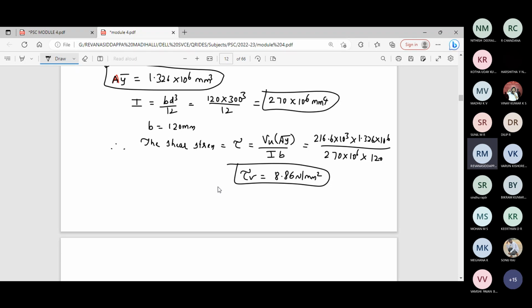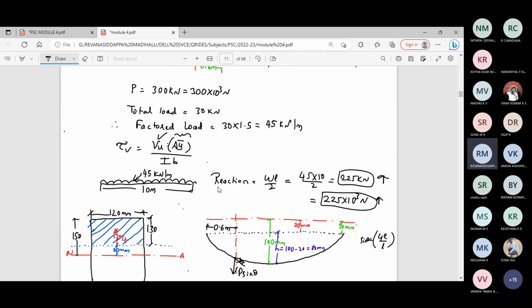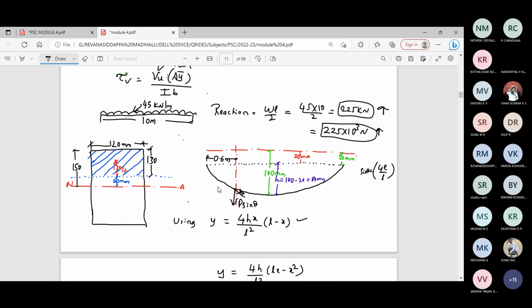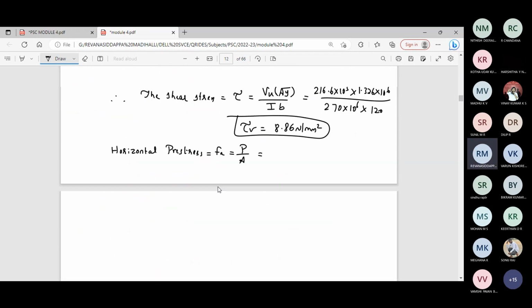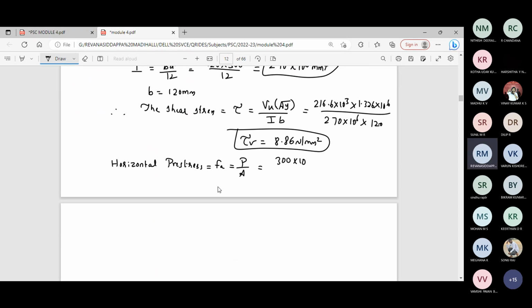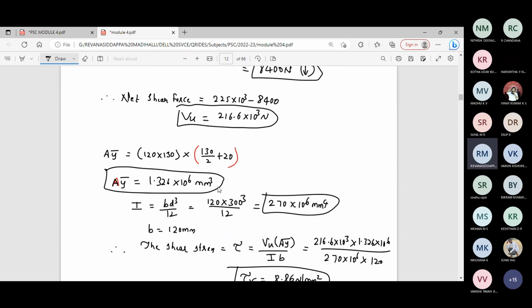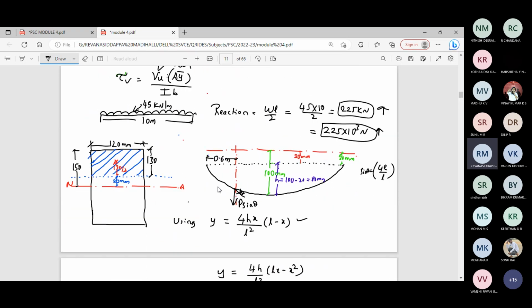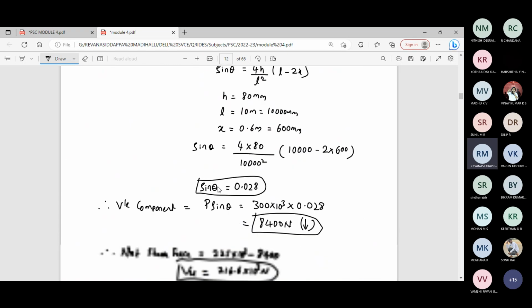Horizontal pre-stress Fx is equal to, it's a very simple calculation, correct? Directly force by area, pre-stressing force divided by cross-sectional area. Pre-stressing force 300 kilonewton is given, so 300 into 10 power 3 Newton divided by the cross-sectional dimensions of the beam, 120 by 300.